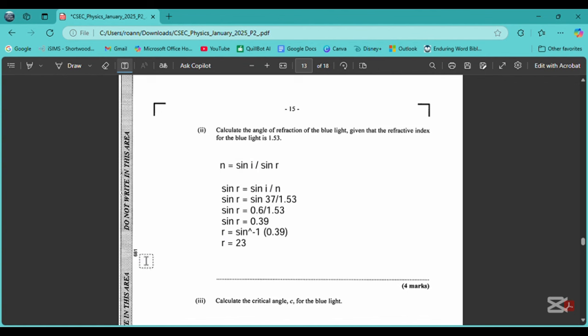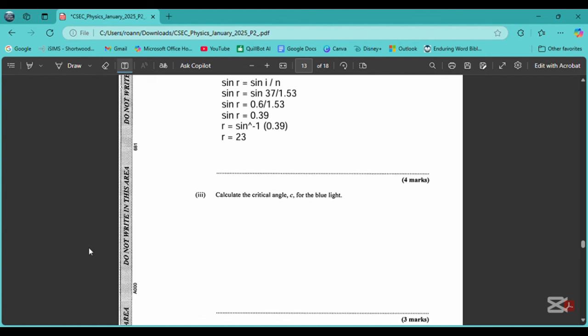All right, and moving on to calculating the critical angle. So the formula to calculate critical angle is sine c, where c is the critical angle, is equal to 1 over n. Therefore, sine c is equal to 1 over 1.53.